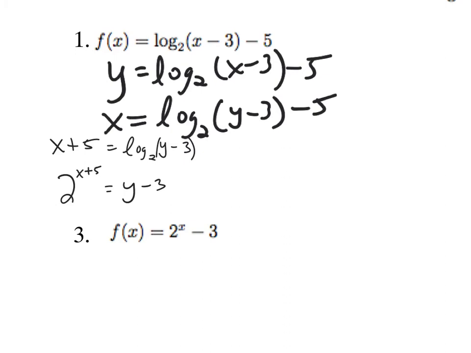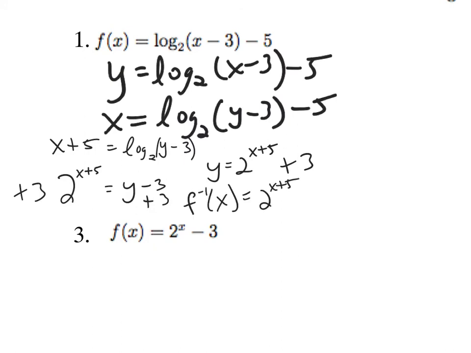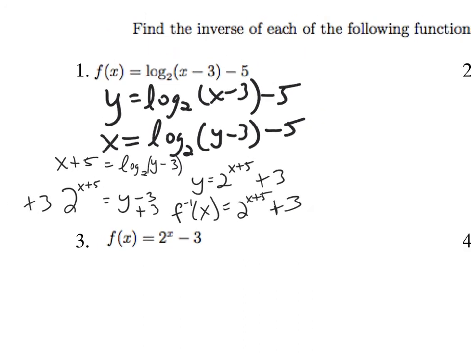And then remember that the whole point here is to get y alone, so I'm adding 3 to both sides, and what that gives me is y equals 2 raised to the power of x plus 5, plus 3, is our inverse. It looks weird, but it is a thing. It is an inverse function. We were able to get y alone. Wow.